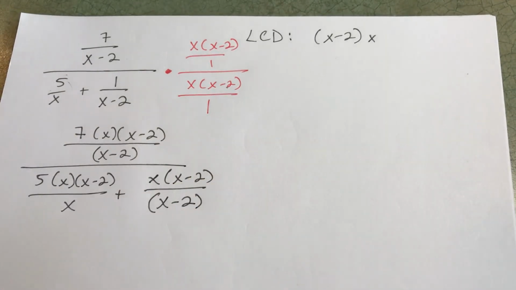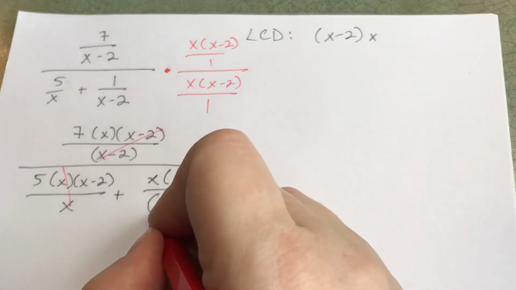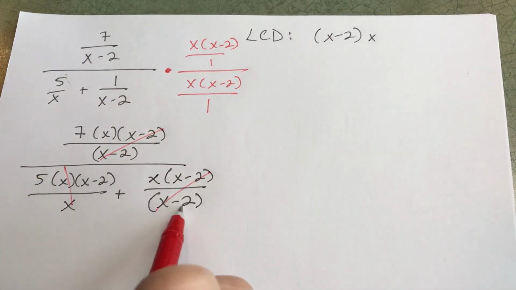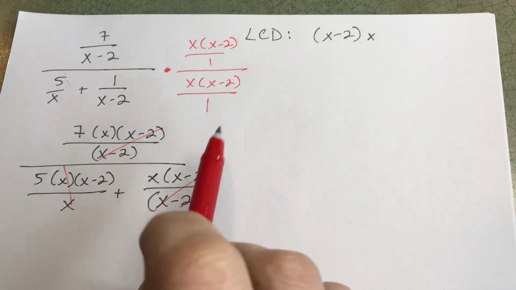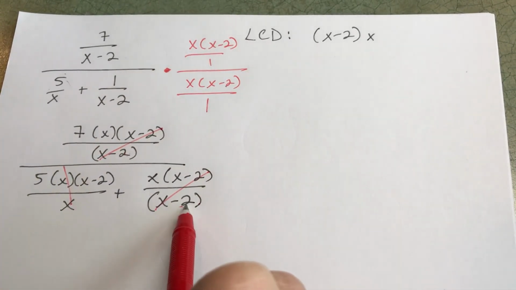Then I can cancel out anything that matches. And now I've canceled out all 3 of these denominators. That's the goal of this whole thing, to just get rid of the denominators.